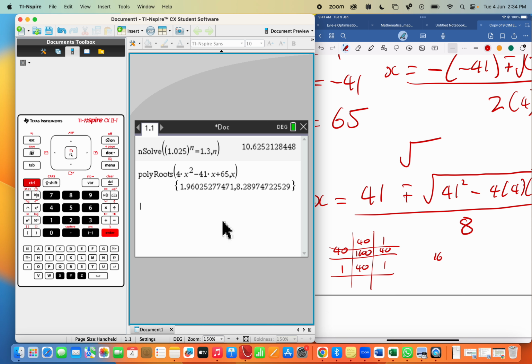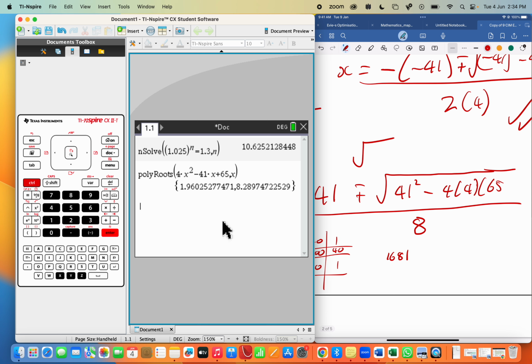This next part might be a bit easier: 4 times 65 is 260, and times 4 again is 1040.